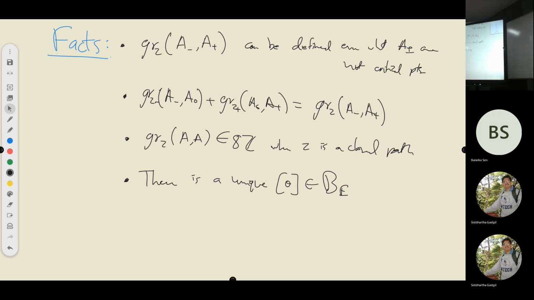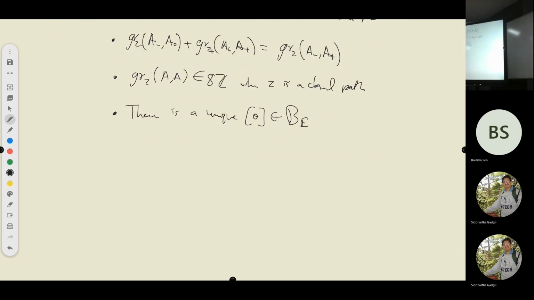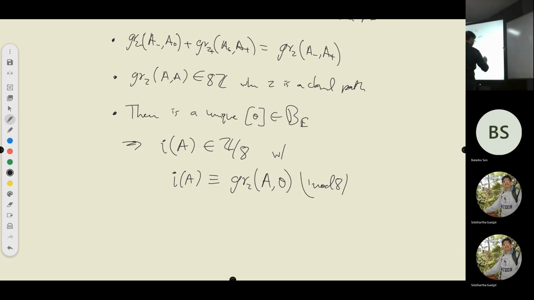What this does for us is that we can define a sort of grading of a connection A with values in Z mod 8 when A is irreducible.